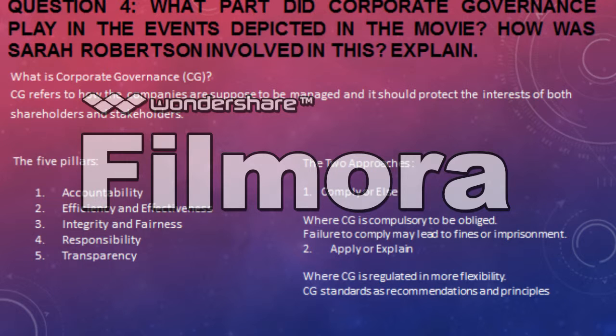CG influences how the objectives of the company are set and achieved, how risk is monitored and assessed, and how performance is optimized. The 5 pillars of successful corporate governance are: first, accountability; second, efficiency and effectiveness; third, integrity and fairness; fourth, responsibility; and lastly, transparency.